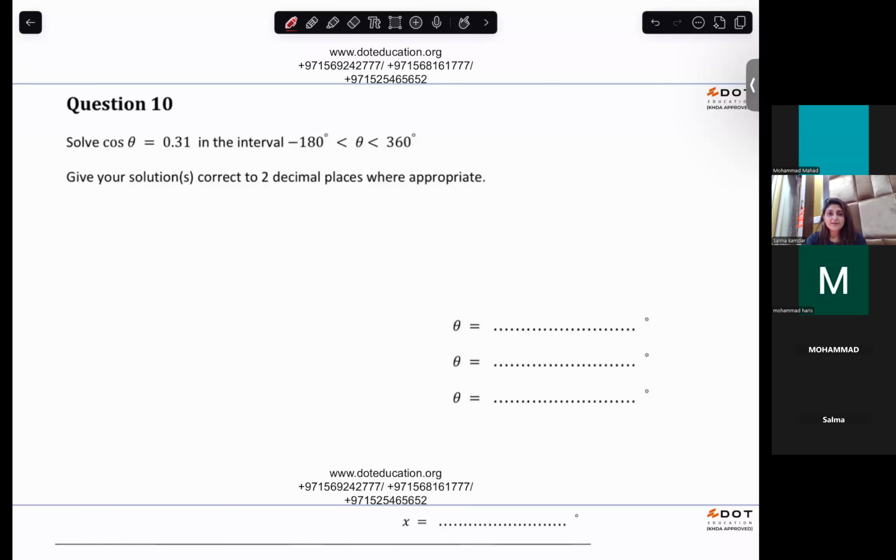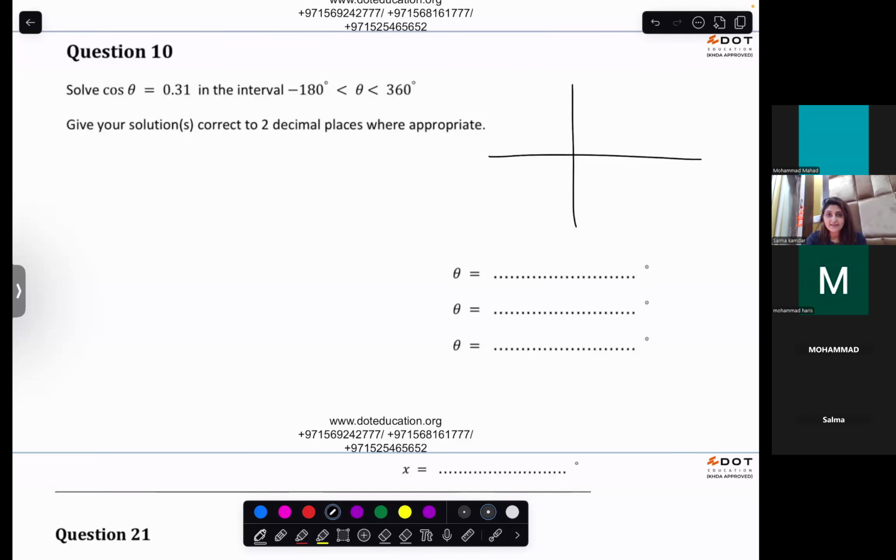If you look over here, this is a question wherein I want to find theta. What is my cos theta equal to? My cos theta is equal to 0.31. So can you tell me what my theta would be equal to? It would be cos inverse of 0.31, which is equal to 71.9, which is going to be my first value to plot the principal one, CAST.